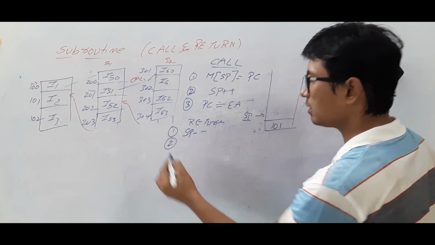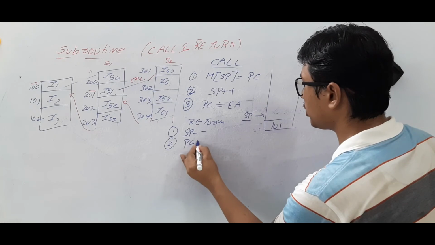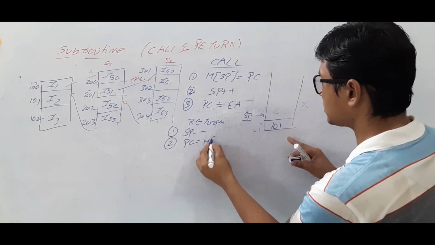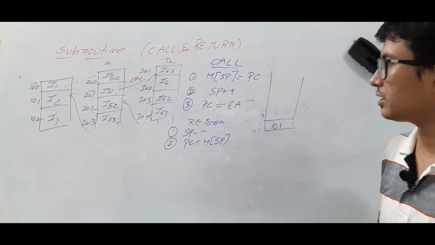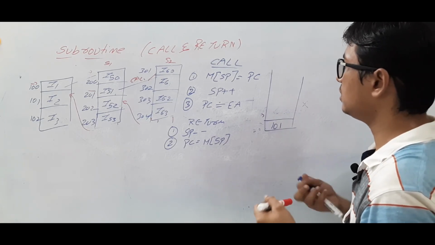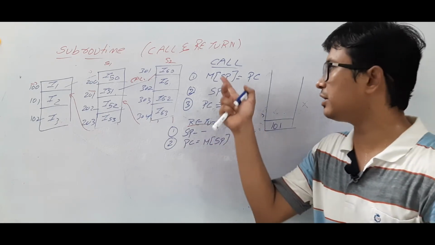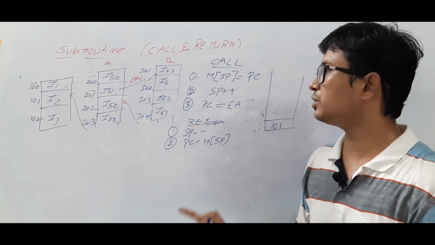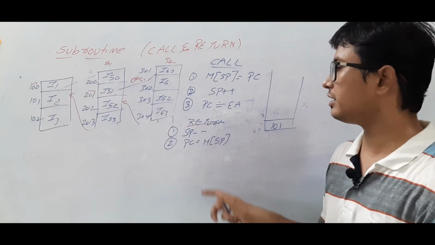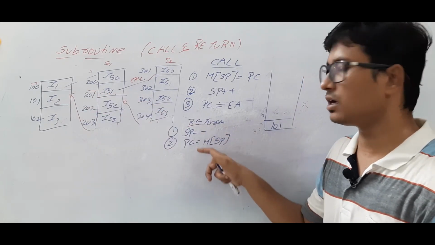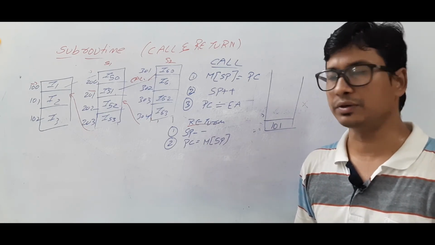Then the program counter should have this address. Are you able to understand it or not? These are the micro instructions that will be executed whenever a call instruction and a return instruction happen.